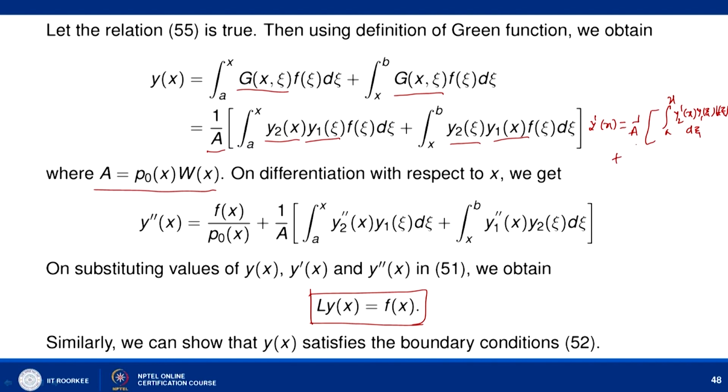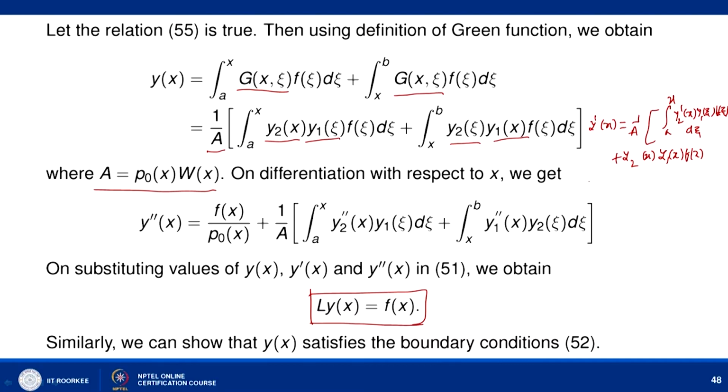Since the integral involves x, we use the Leibniz formula of differentiation under the sign of integration, and you put xi equal to x. So, it is y2(x) y1(x) f(x) and differentiation of x.